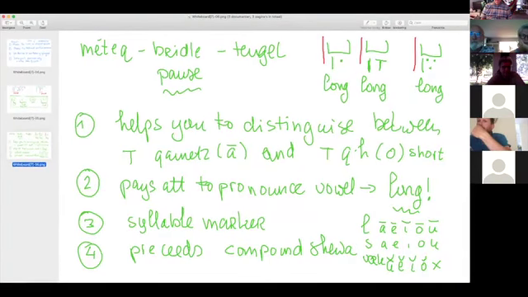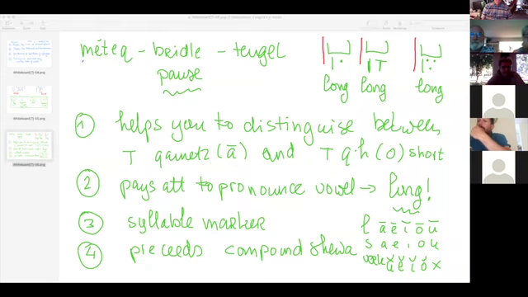The first thing that was discussed was the metek. The metek, it's a bridle. It's something that causes you to pause in a sentence. Here are some examples.